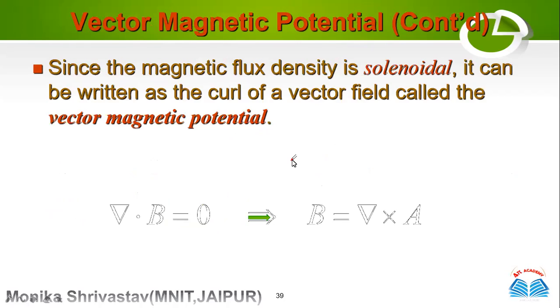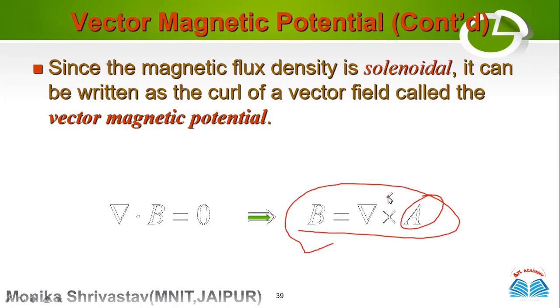So from here, we are getting the magnetic vector potential. Since the magnetic flux density is solenoidal, if del dot B equals 0, then B can be written as B equals del cross A. This A is your magnetic vector potential, a new quantity. It is also a vector quantity.